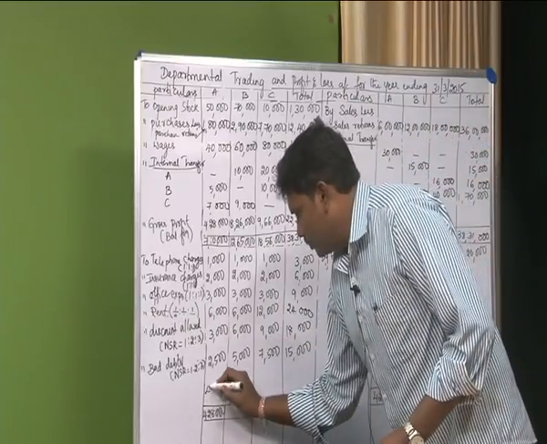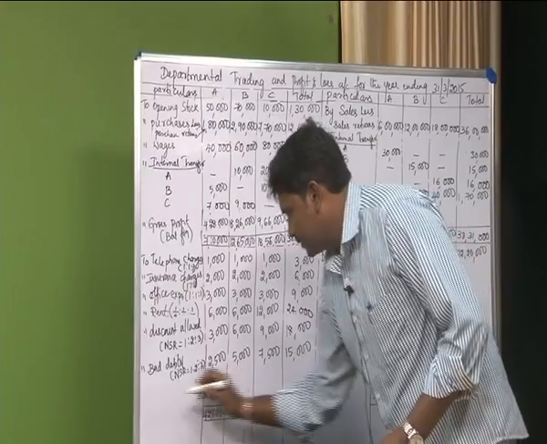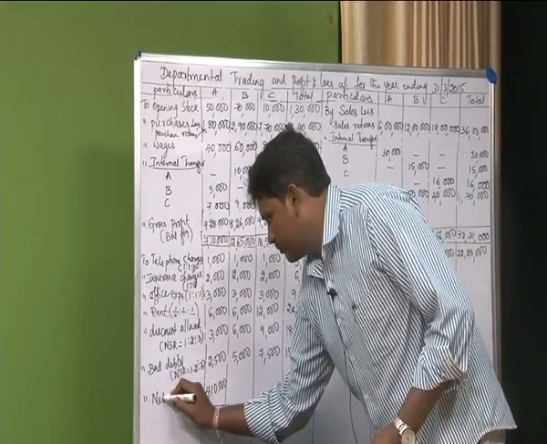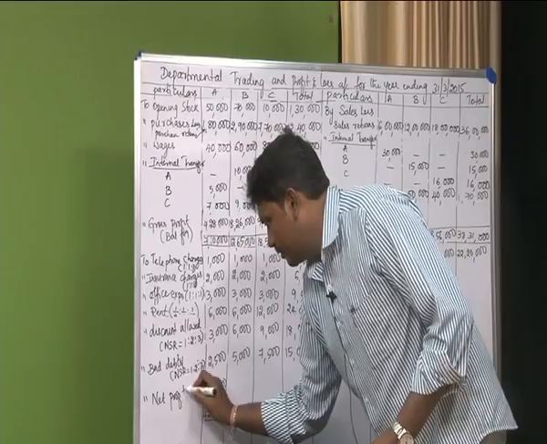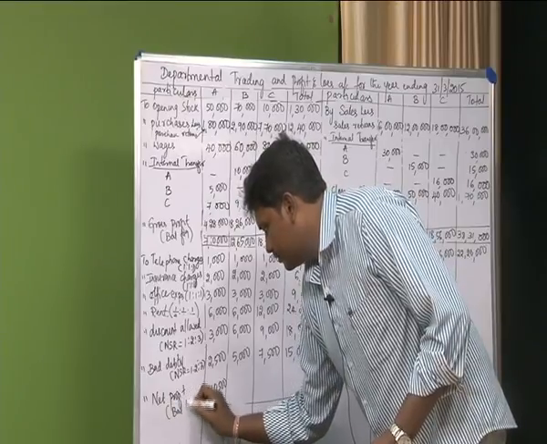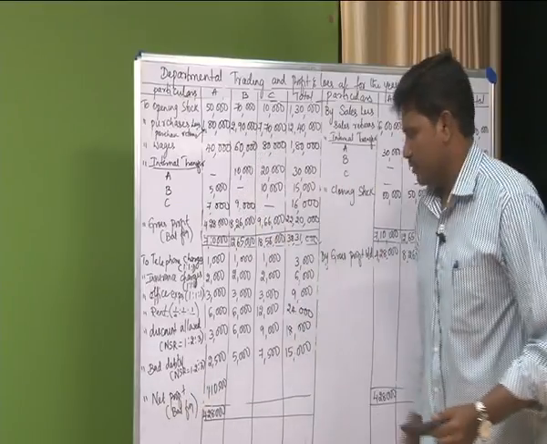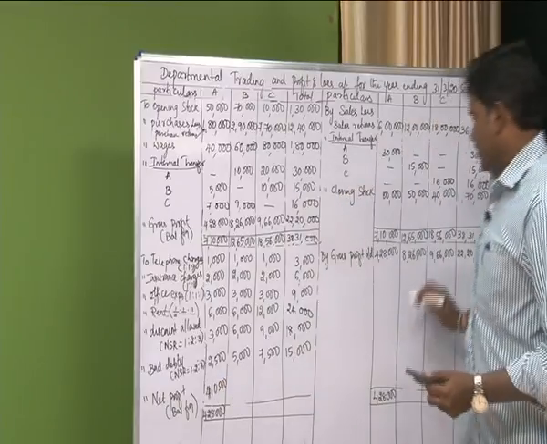So we will get 4,10,500. This will be treated as net profit, the balancing figure.